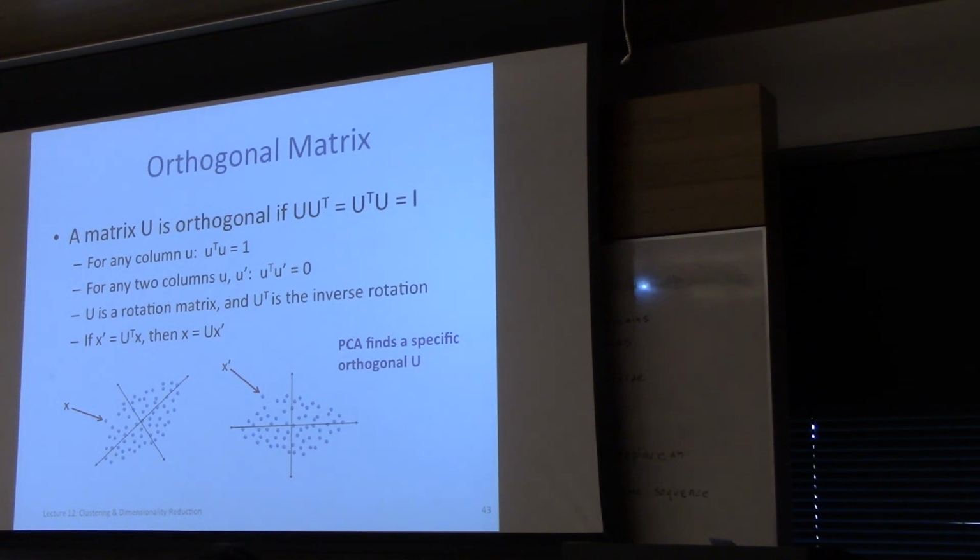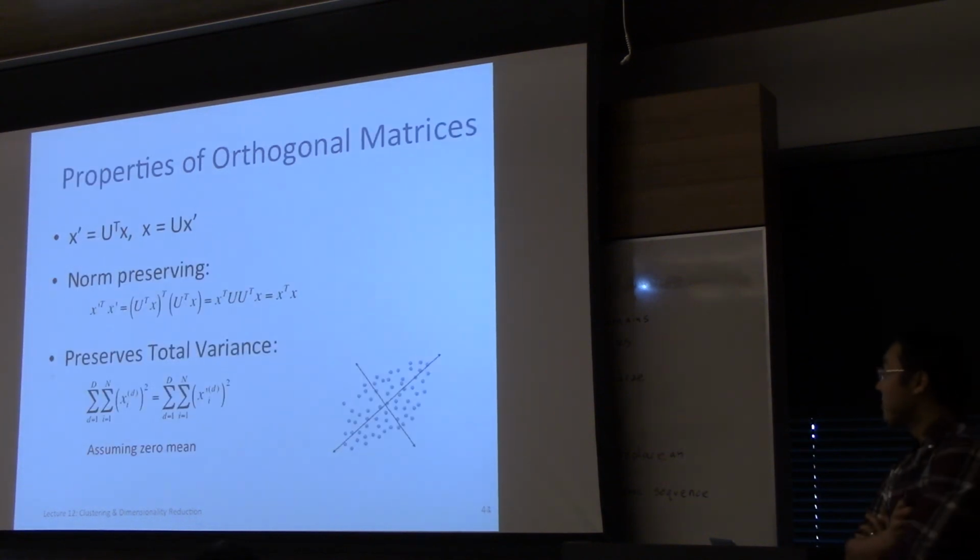PCA is a method that finds a specific U. A property of an orthogonal matrix, if it's full rank, is that it's norm preserving. So the inner product x prime transpose x prime is equal to x transpose x, because U transpose U is an identity. Therefore it preserves the total variance of the data points.